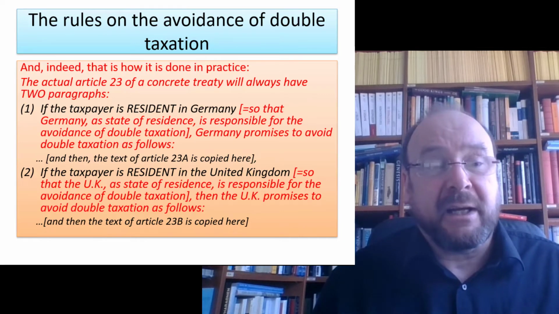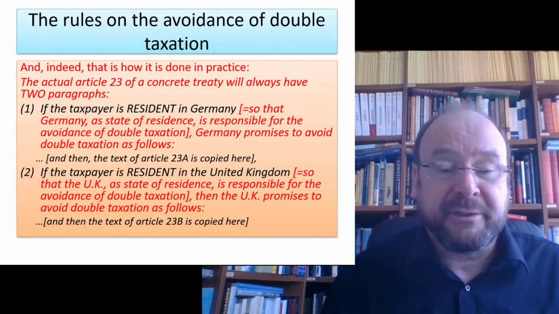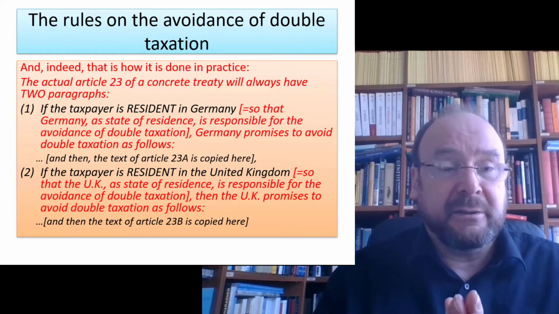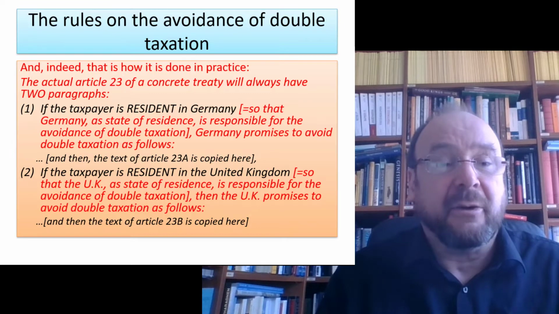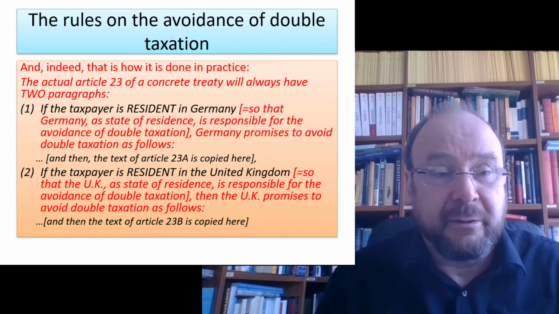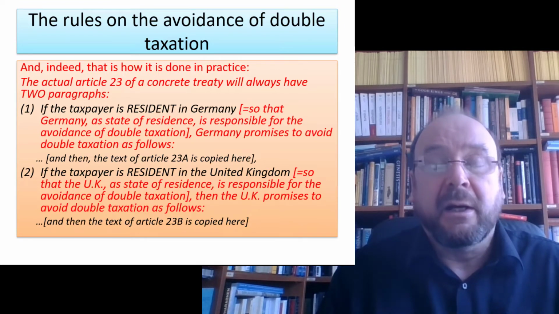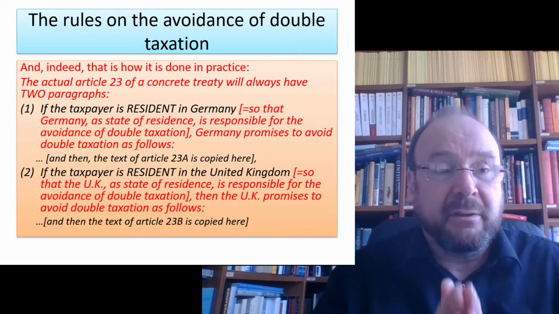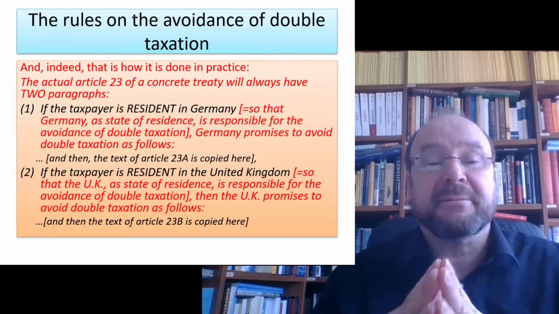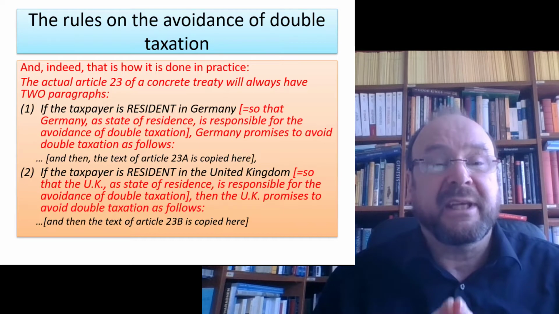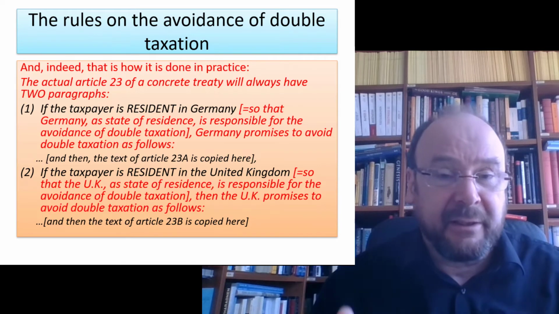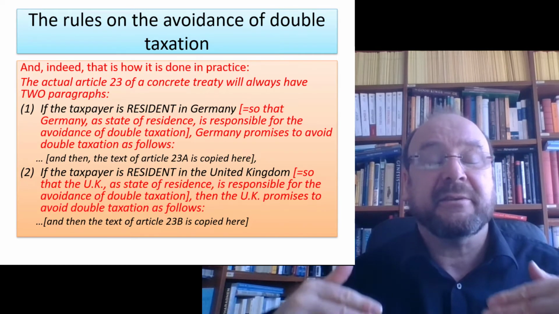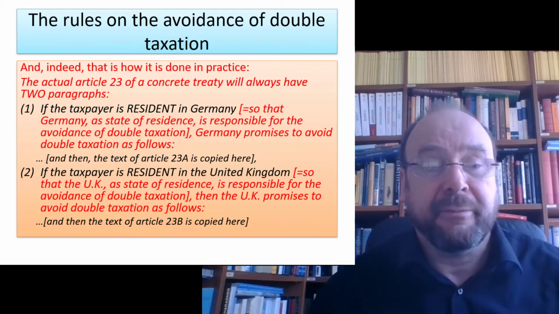So that is how Article 23 works. And you can, for example, draw the conclusion that in all treaties which Germany concludes, the German resident people will always be treated according to the A variant. Because according to that system, your home state decides which variant is incorporated into the treaty with effect to you.